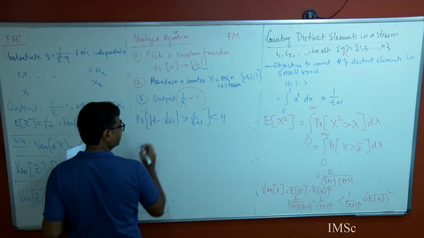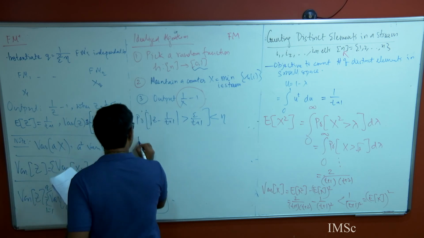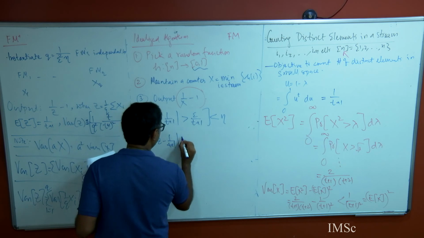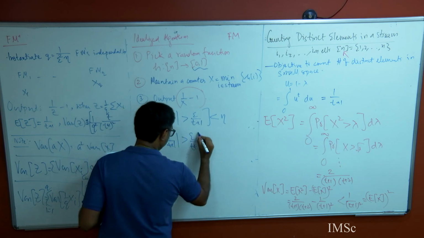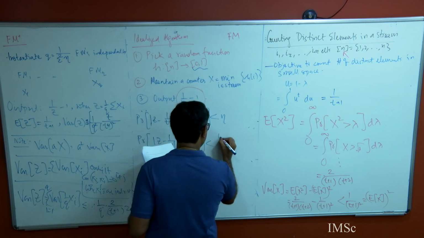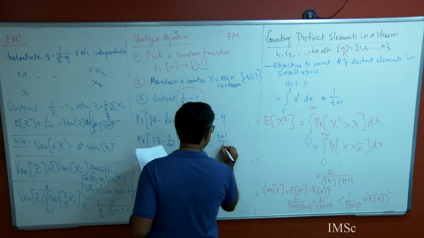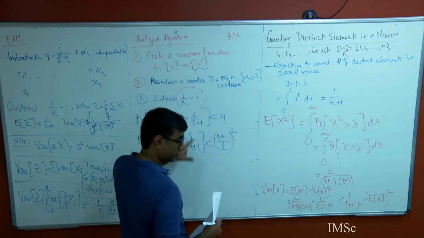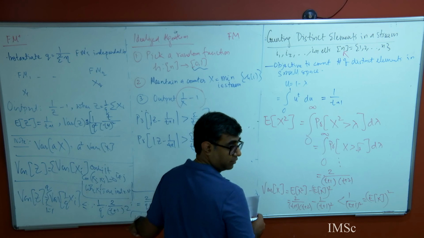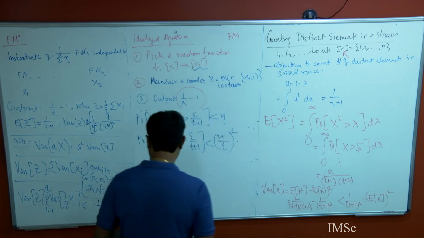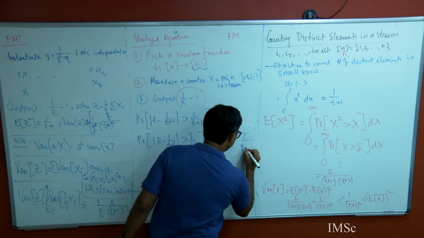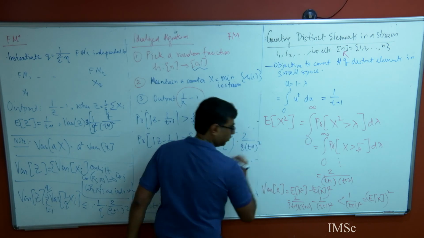So if I apply Chebyshev on this, what will we get? The probability that z minus 1 over t plus 1 exceeds epsilon times that is less than or equal to t plus 1 by epsilon whole square, because of the opposite of this, times the variance of z. The variance of z we have already computed here, 2 times q times t plus 1 whole square.